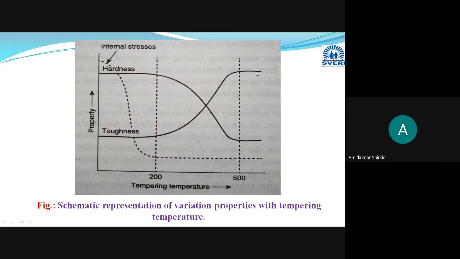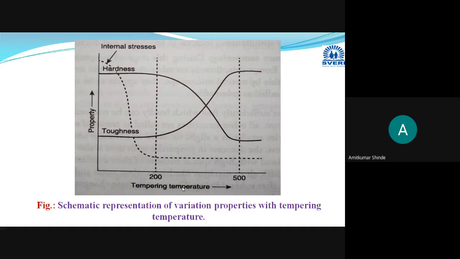Toughness is increasing for high temperature and medium temperature tempering, and it is very little for low temperature tempering. So this diagram indicates the effect of tempering temperature on the properties of the steel component. Internal stresses will get reduced, toughness will improve, and hardness will get reduced as tempering temperature increases. This is the effect of tempering.